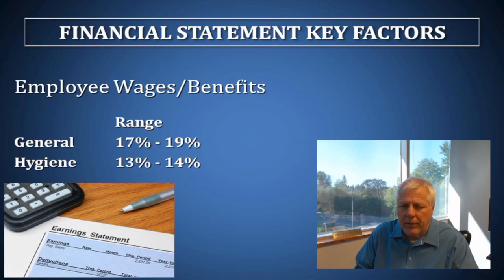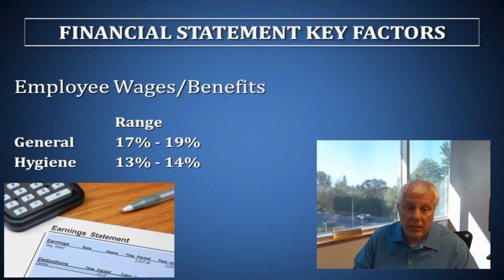Employee wages and benefits is obviously the biggest category, and this is a general practice. For specialty practices, the rates are going to be about 7 to 8% lower in total. For the general employee, the percentage is 17 to 19%, and the hygiene is 13 to 14%.